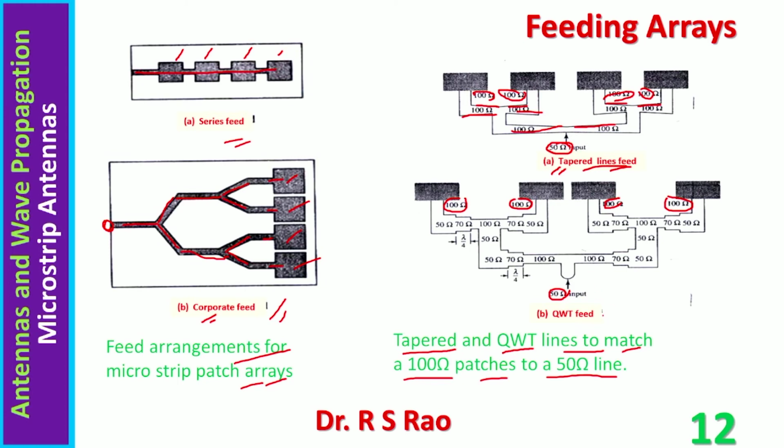Another way is through a quarter wave transformer. You see here is a quarter wave transformer. Here is a quarter wave transformer. Several quarter wave transformers are used in the network, interspersed between the input line and the patches. It provides matching as well as feeding.